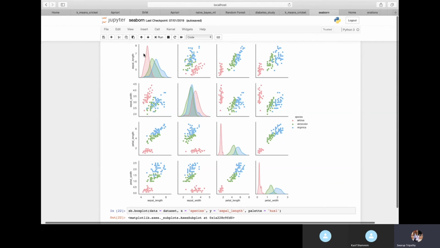In the first row and first column, the row is sepal length and the column is also sepal length. So it compares sepal length with sepal length. It is comparing the data with itself, so it is nothing but linear data here.